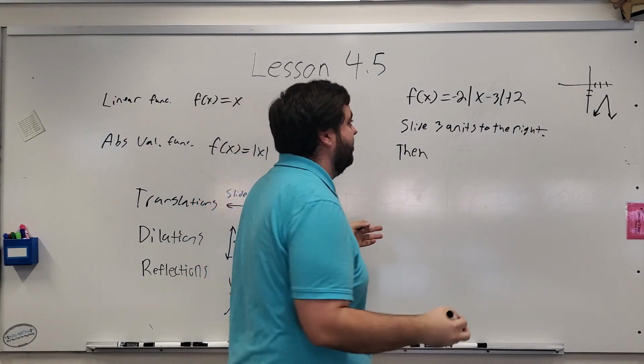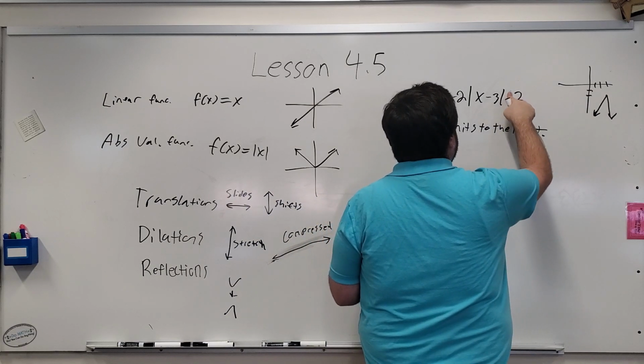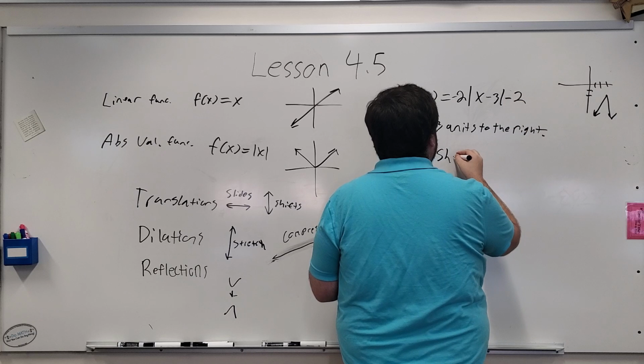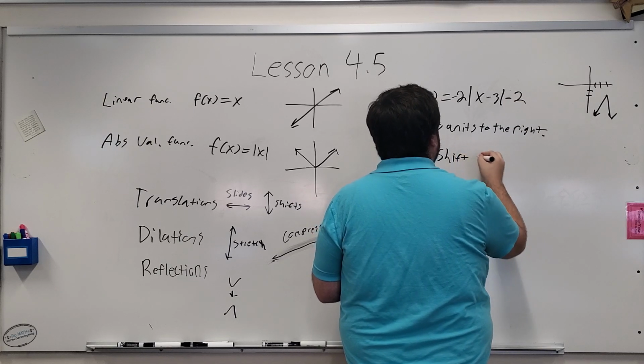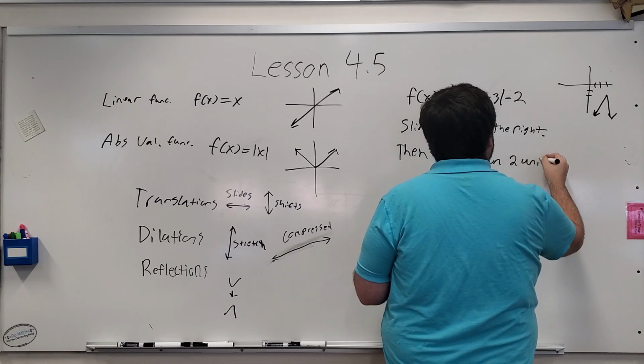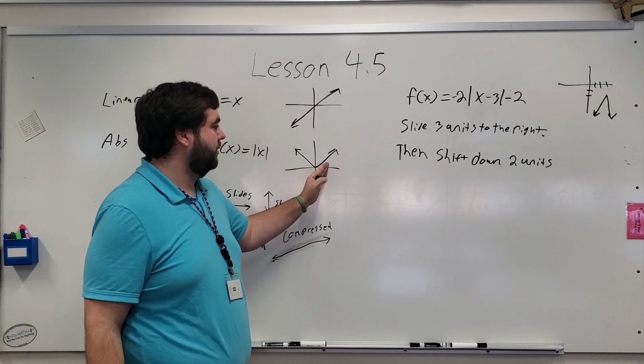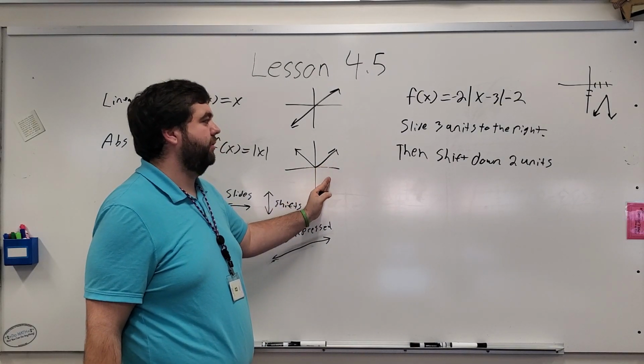It's like giving directions. Then I'm going to shift. Also, we're just going to make that negative since I already drew it as negative. Shift down 2 units. Okay? So now I've gone from here over 3 down 2.